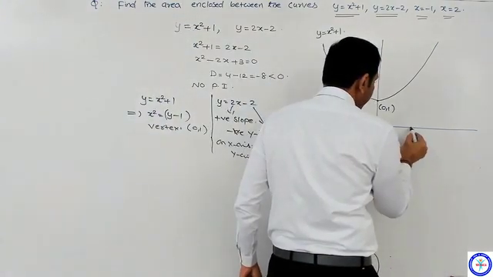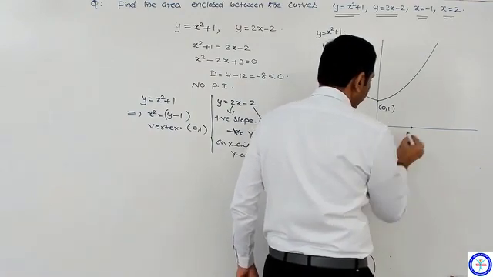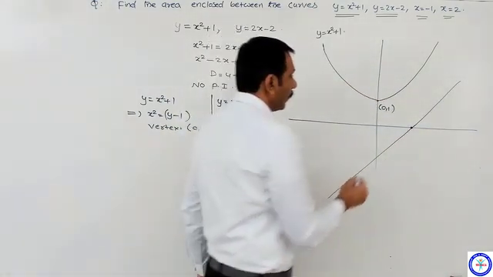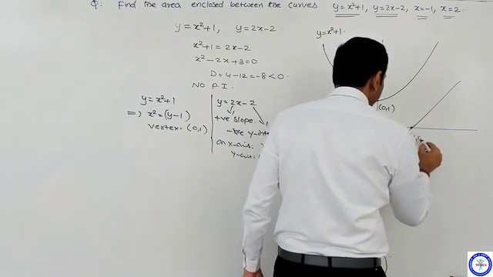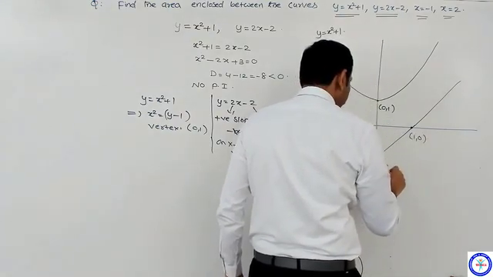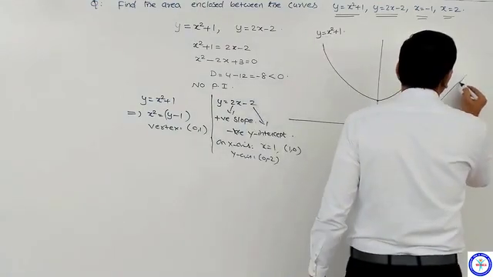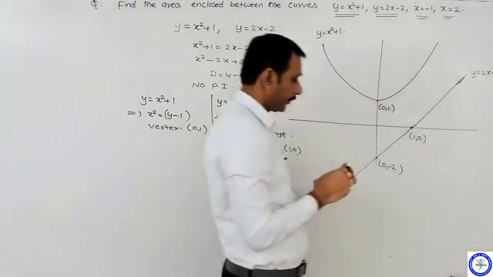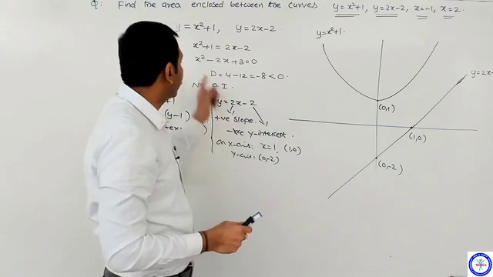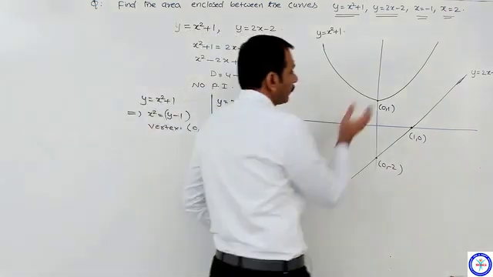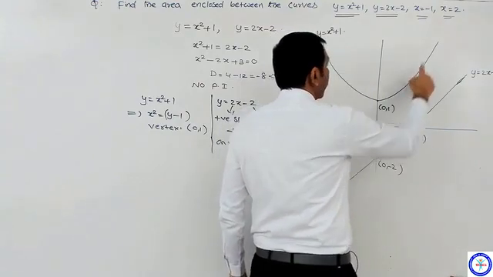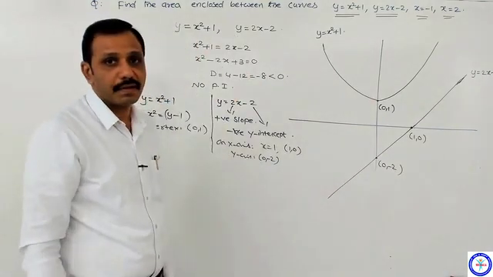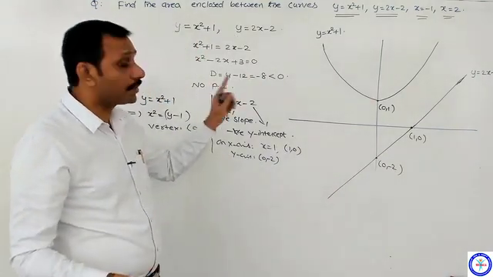Somewhere let me take, here it is 1, 0 and here it is 0, minus 2, and now this line will be like this. This point is 1, 0 and this point is 0, minus 2, and the equation of this line is y equal to 2x minus 2. Right. They are not intersecting. We got discriminant less than 0, which means no intersection points. This curve opens upwards and there is the line. These two will not touch, will not intersect. Right.